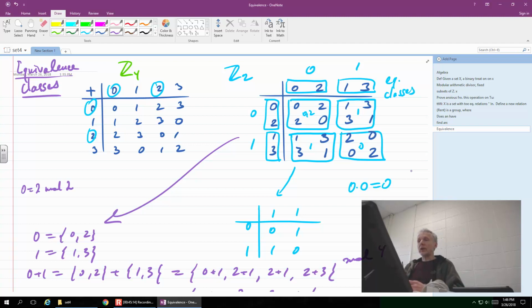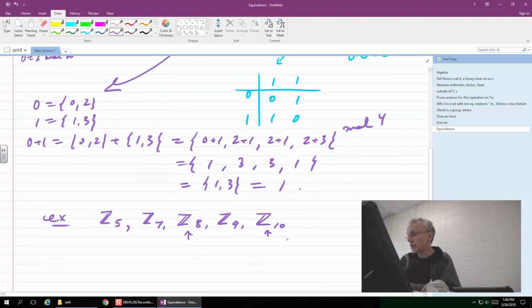Where else do you see it? Usually you don't. But what you expect to have is this: f of x plus y is equal to f of x plus f of y. So that's what preservation of operation means.